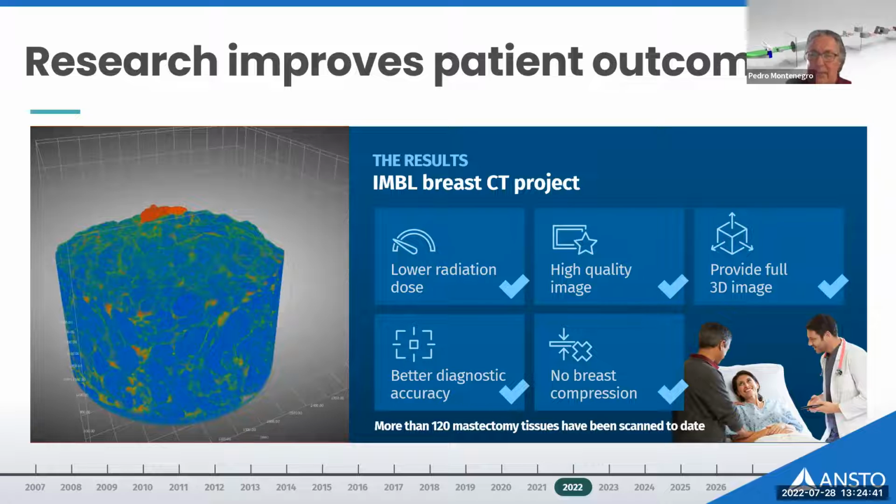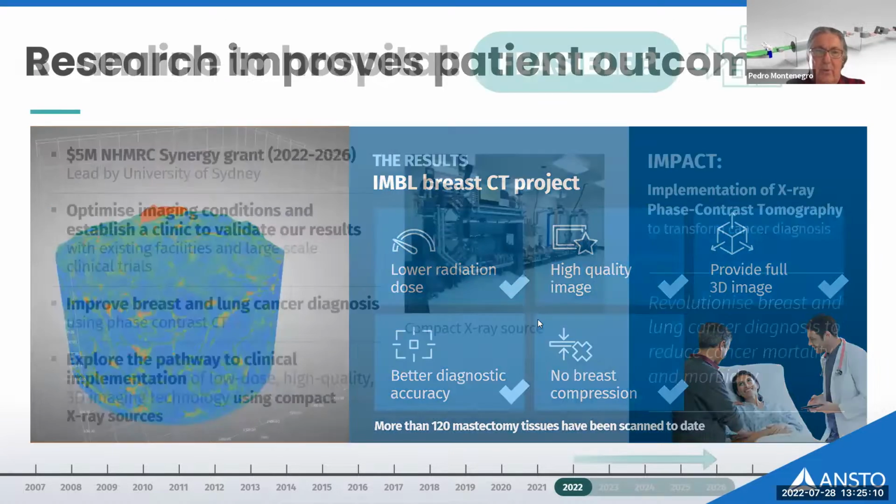It gives us a better diagnostic accuracy, although of late I've been told the jury is not out; there is still some tweaking to be done. And of course, as mentioned before, we have no breast compression, since the breast hangs freely from the bed, with the patient in a prone position. We have done to date more than 120 mastectomy tissues, which have been used to develop all the different techniques from data collection to data processing.